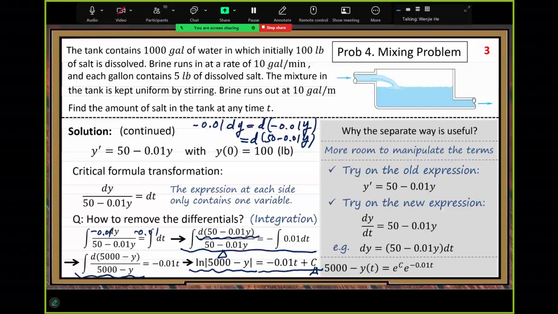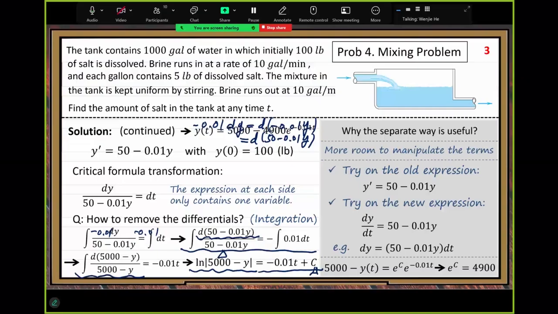This time we plug in t equals 0 to find that e to the c term. So we get e to the c equals 4,900. We can replace e to the c by that constant, 4,900.